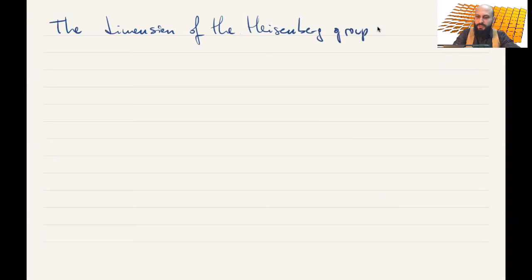Of course, I always mean the subRiemannian Heisenberg group. Topologically, this object is R3. We should have noticed that the distance induces the same topology. But what about the metric dimension? The metric dimension is not going to be 3, actually it's going to be 4.